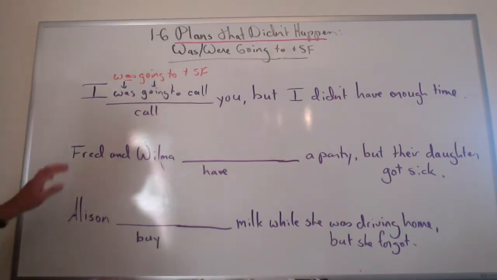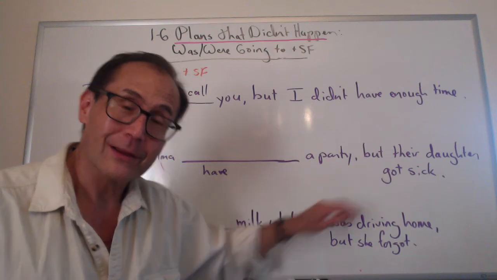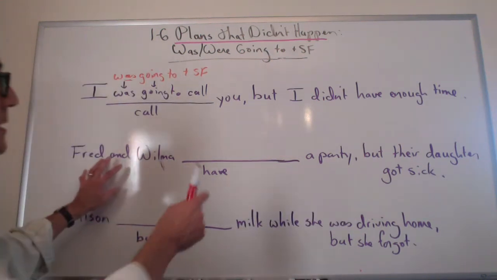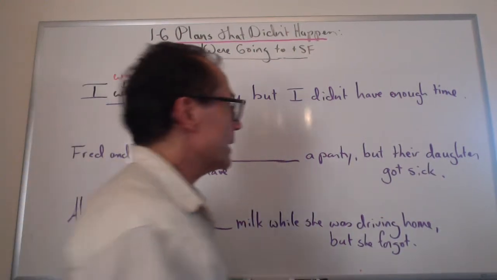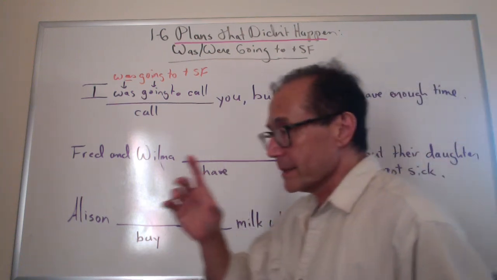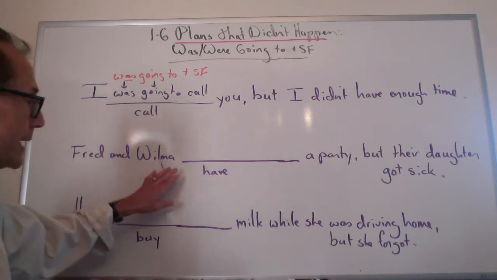But let's take a look at another example. Fred and Wilma blank have a party, but their daughter got sick. So let's take a look at this. Again, let's say that this was their plan. Having a party was their plan, but it didn't happen because their daughter got sick. And again, I want to show that this was a plan, it didn't happen.